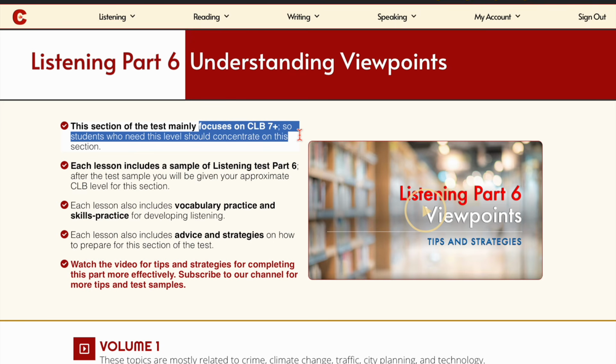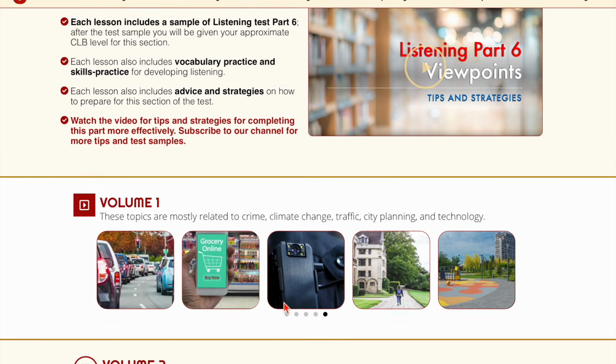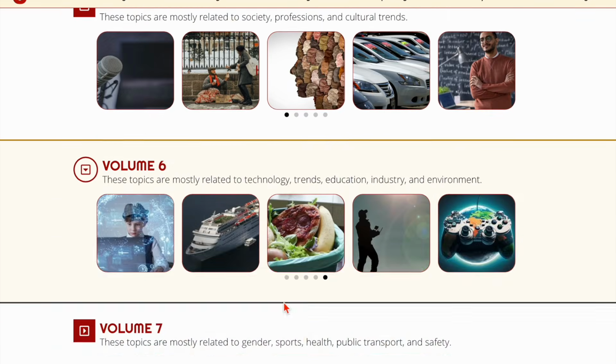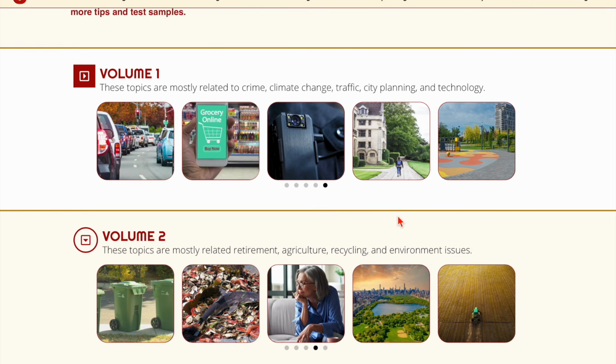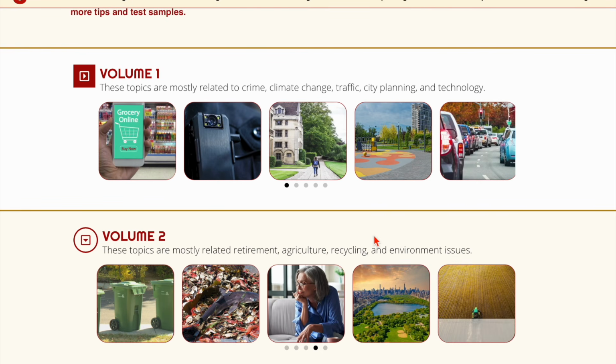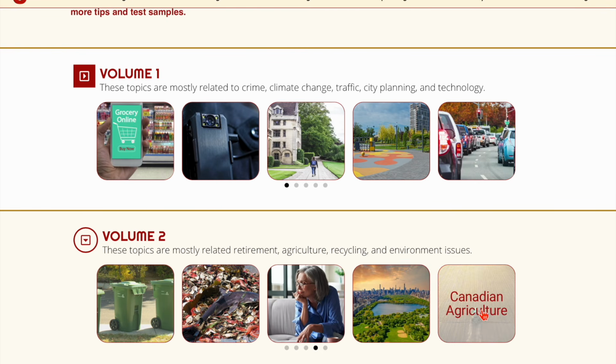That means that students who need to get 7 or higher, definitely if you need to get 9 or higher, you should definitely be focusing on this section. Also, today we are going to be doing a sample from Volume 2. It's called Canadian Agriculture.